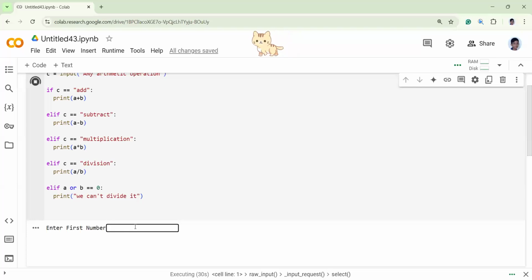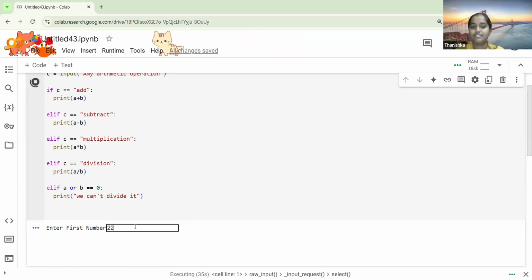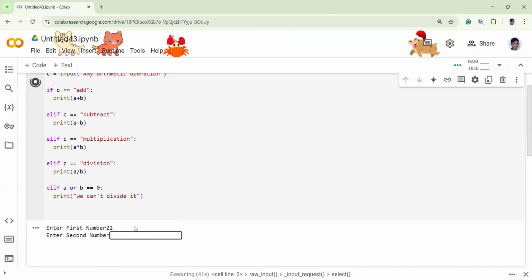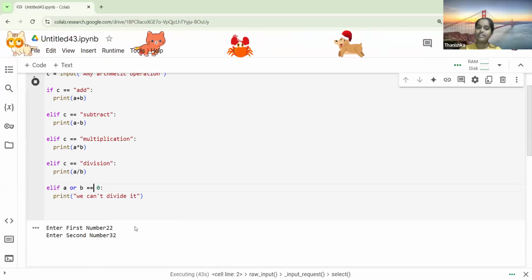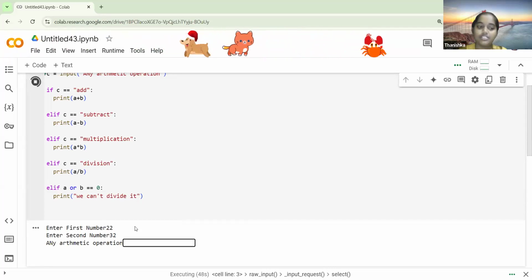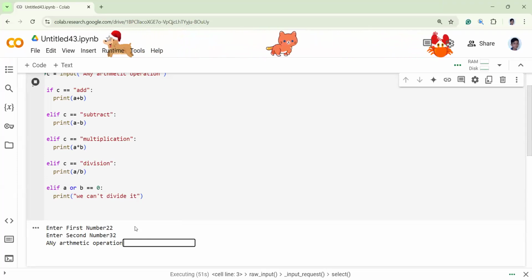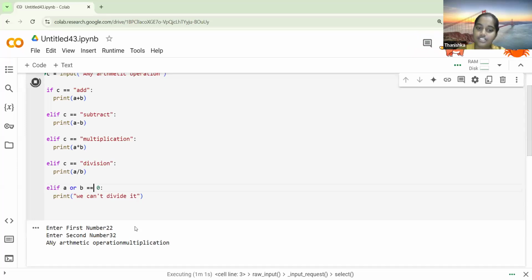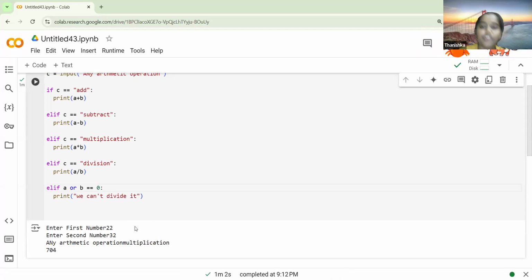Any number. 22. Enter. And then second number. 32. And then any arithmetic operation. Multiplication. Enter. 704. Oh my god, it worked.